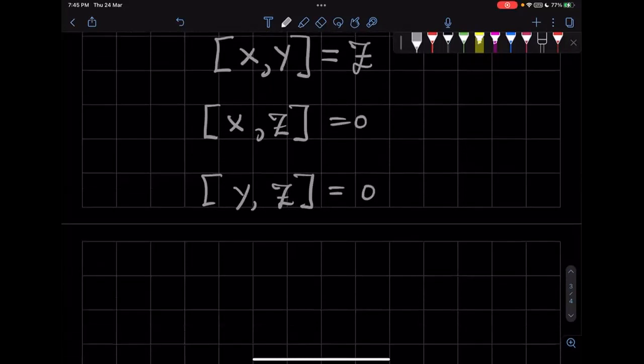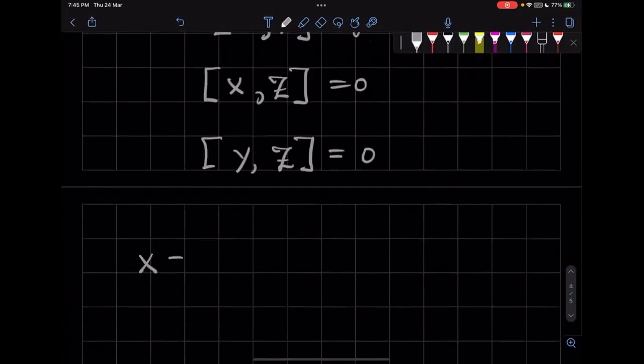And there is a matrix representation of these things in terms of 3 by 3 matrices.